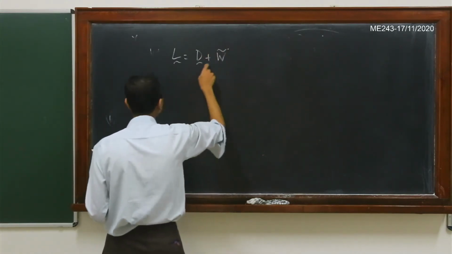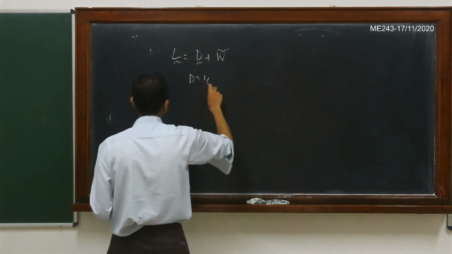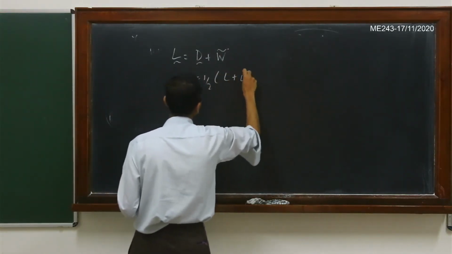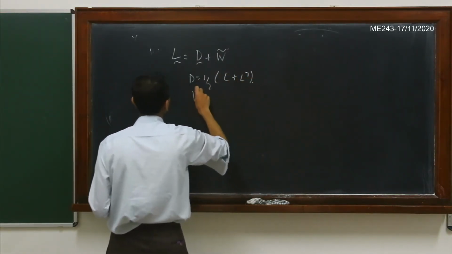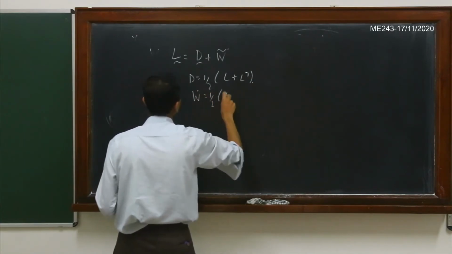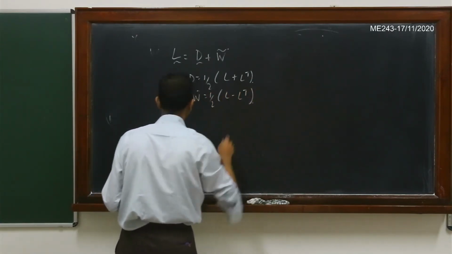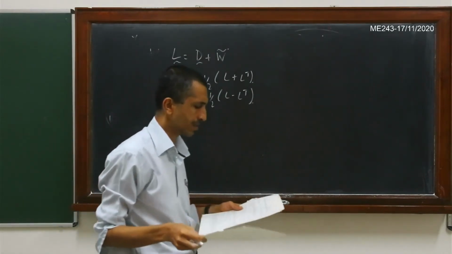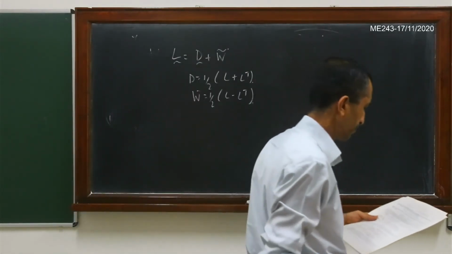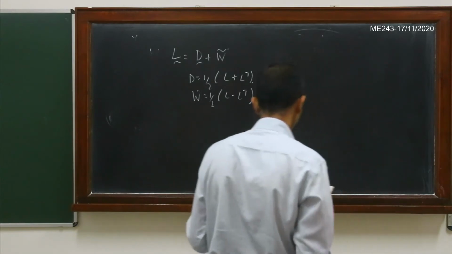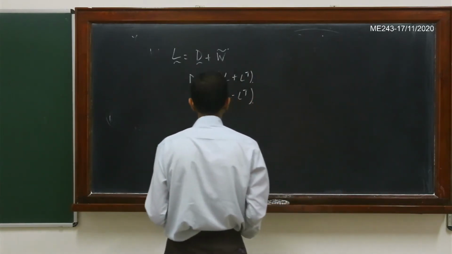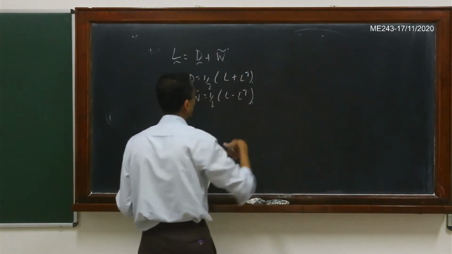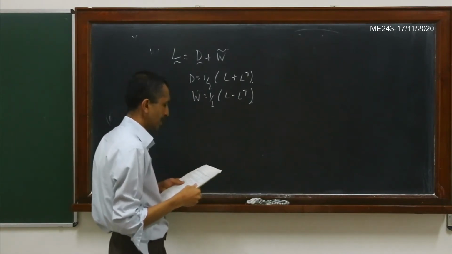So this D is nothing but the symmetric part of L. So this is half of L plus L transpose, and W tilde is half of L minus L transpose, right? We know that this decomposition is unique.